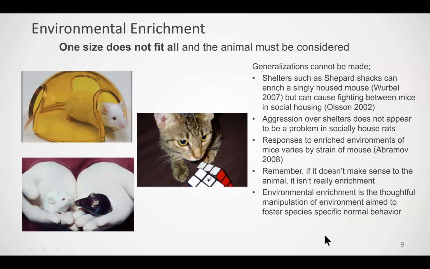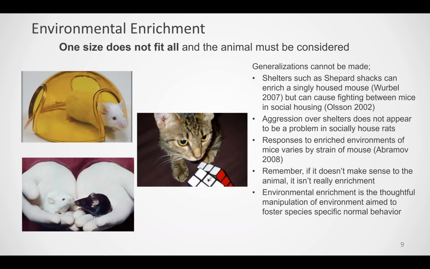The other thing to think about is that one type of enrichment does not fit all the species. The animal itself must be considered. For example, there can be differences in strains of mice. As you can see in the upper left-hand corner, there's a small igloo. The mouse is in that igloo. That works great for some of the strains.